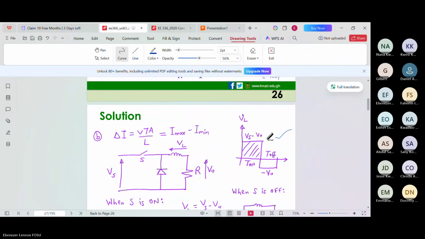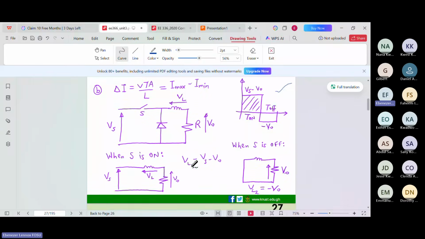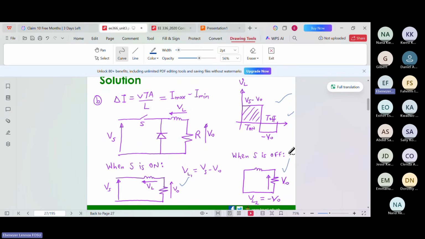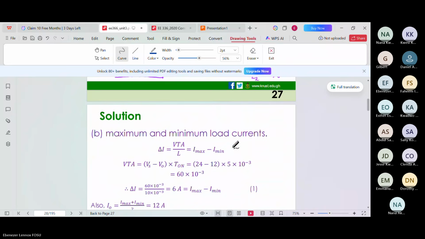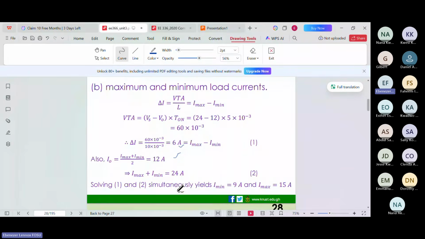We've done the calculation already, so this slide is just explaining this waveform. This one gives us this portion, and this one gives us 6 amps. You solve the two simultaneously, and you end with 9 amps and then 15 amps.